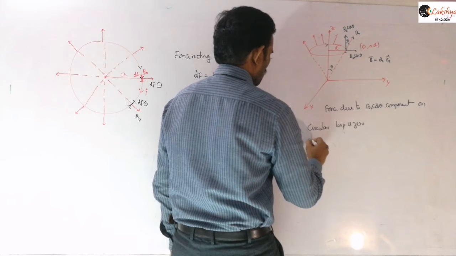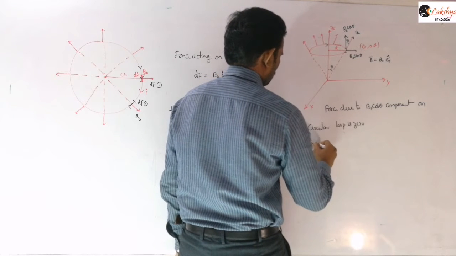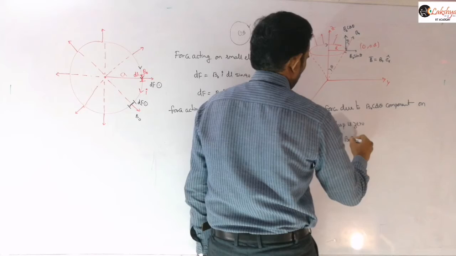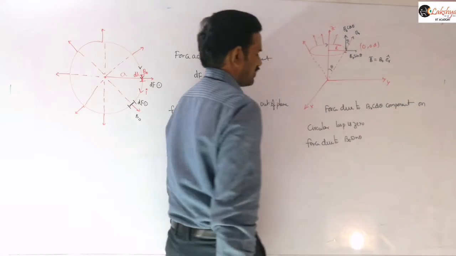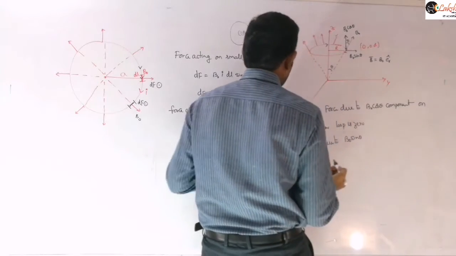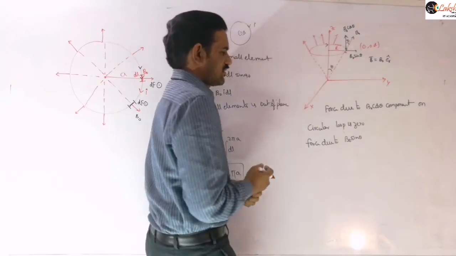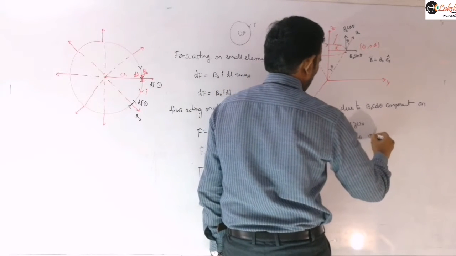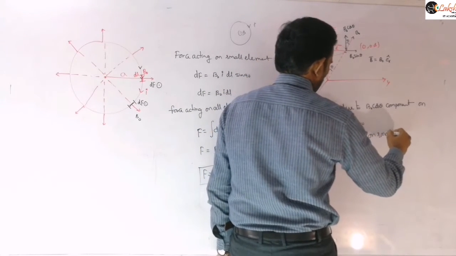So therefore now force due to b naught sin theta component. We need to consider b naught sin theta, so force due to b naught sin theta on the small element.